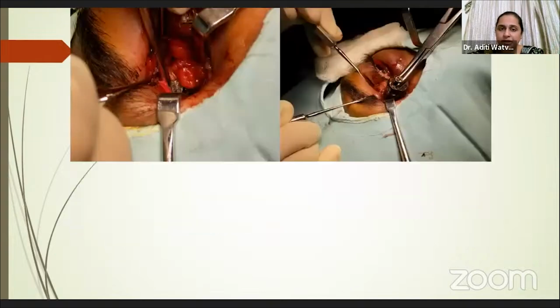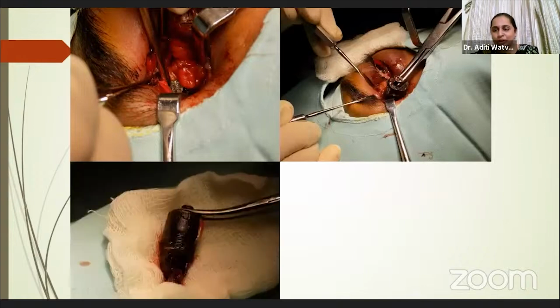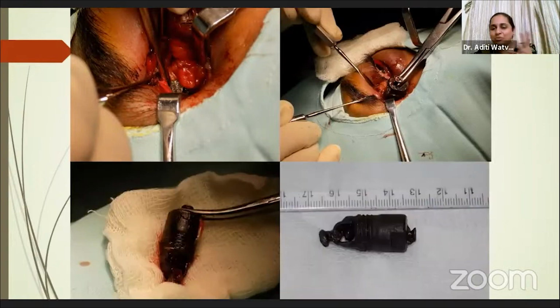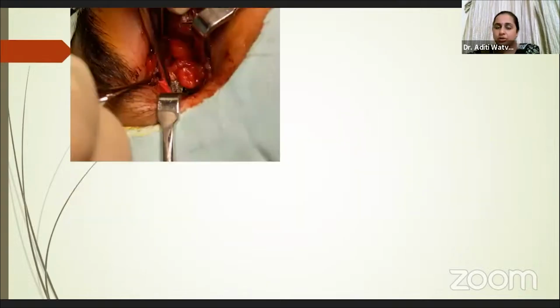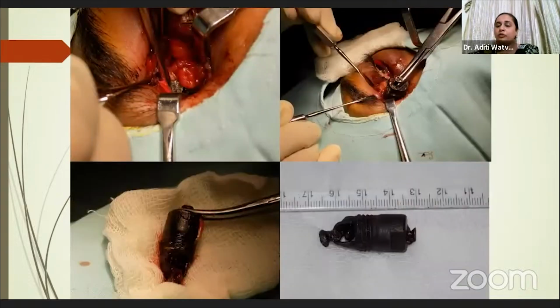When we opened it, we were trying to pull it out, and it turned out to be something bigger, because he had used some kind of material inside the firecracker to increase the blast. It is very important, because if we miss this and just suture the lid, we will miss the foreign body. So it is very important to suspect an orbital foreign body even if the entry wound is absent or very small.